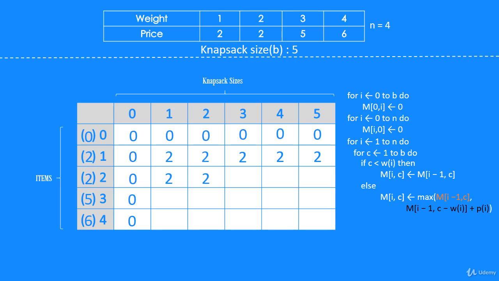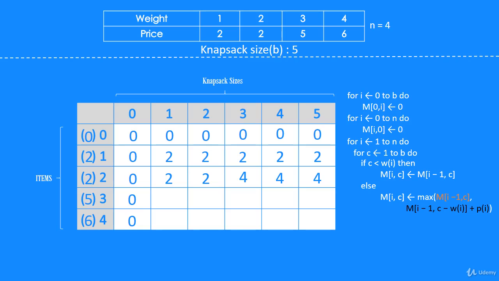But with knapsack size 3, we can fit more items, because if we take the item with weight 2, we still have space for the item with weight 1, so we write 4, which is the sum of the prices of these items. And because we have combined all the items we can, the other two cells will have the same value.